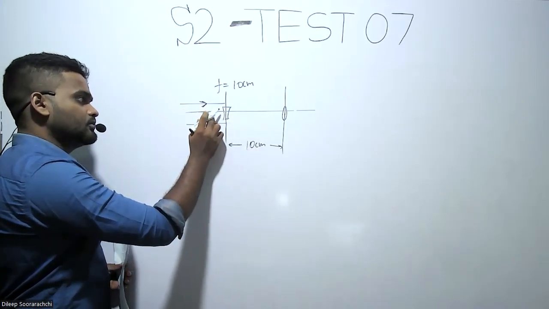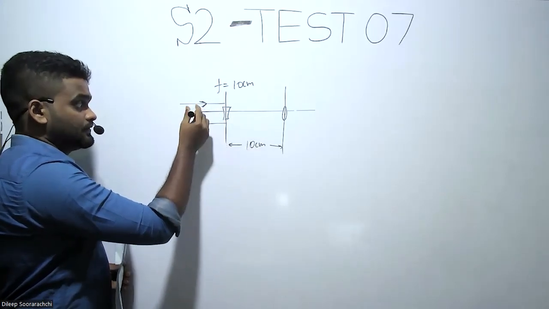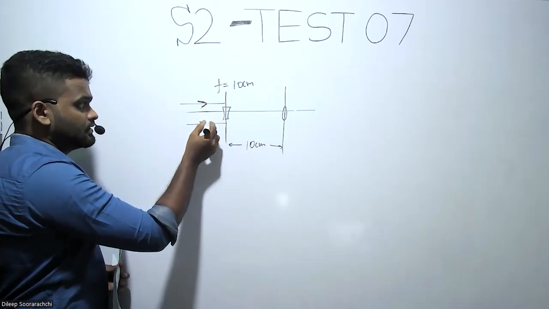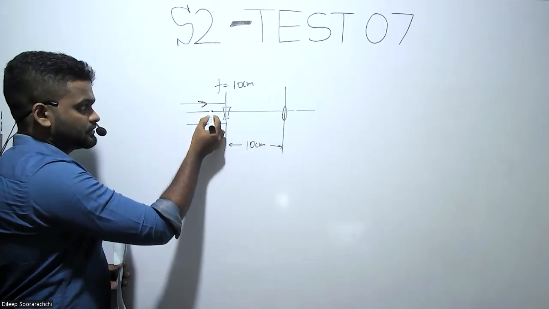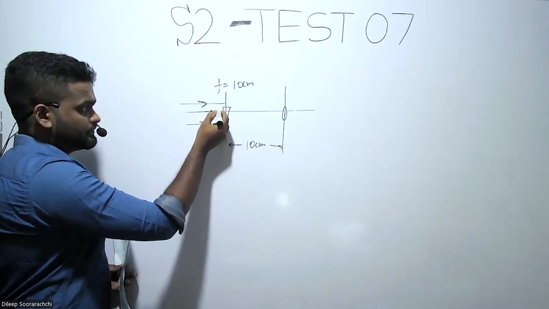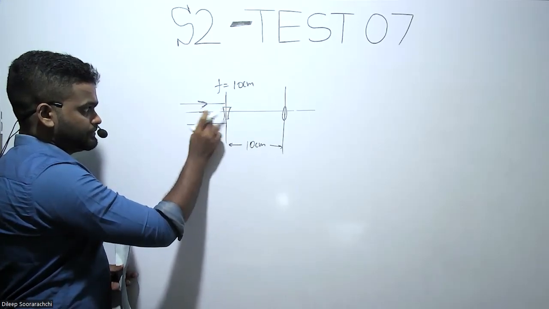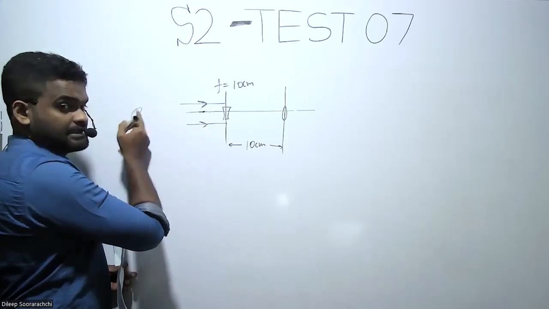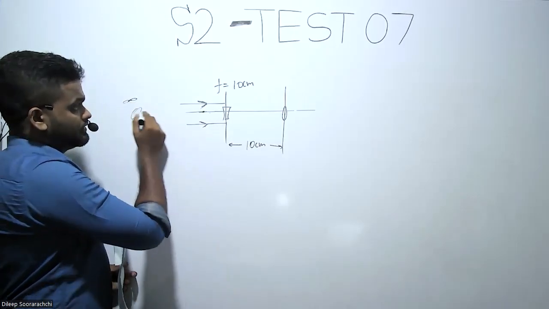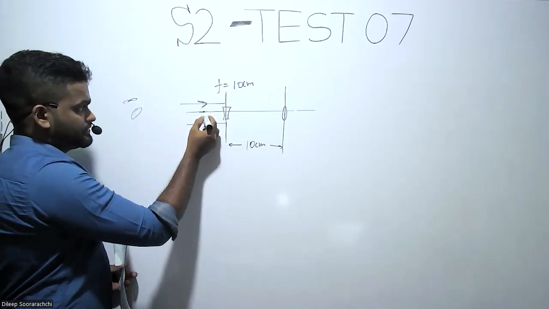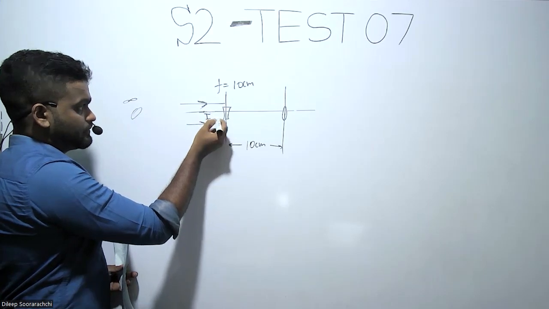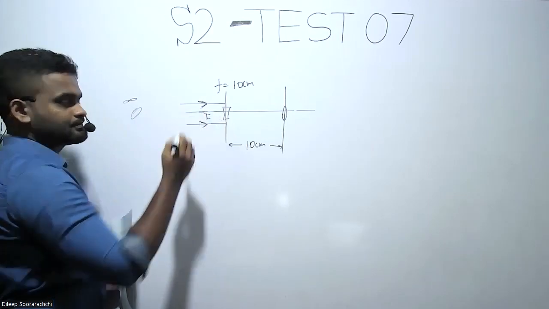Always the images are formed here, if it is a real object. So let's say the image is formed here. Then I can draw, let's say, the object is somewhere here at infinity. So the image of that object is made here by the concave lens.